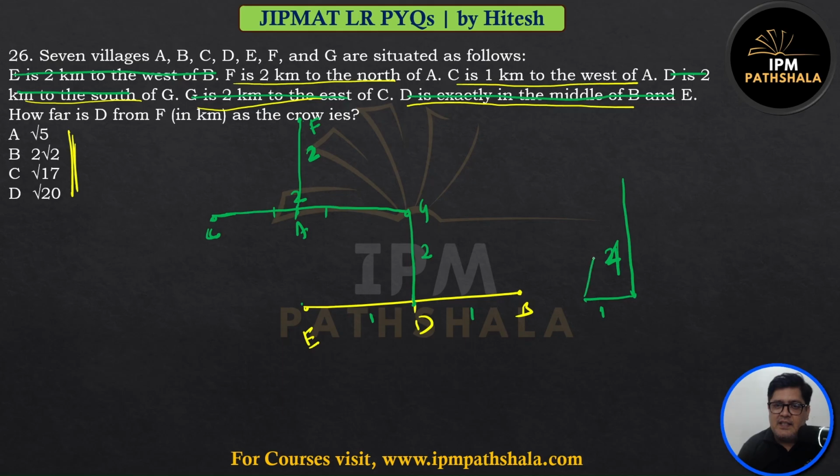DF squared will be 4 squared plus 1 squared, that is 17. So DF will be root 17. Answer option C. What is the only problem here? Being able to draw them accurately without making mistakes, and you should not panic after looking at options.